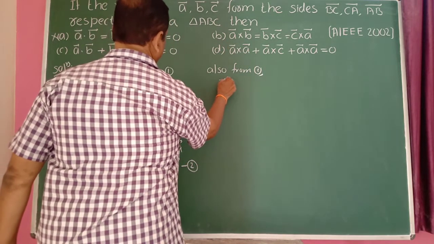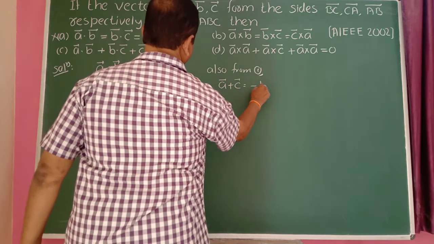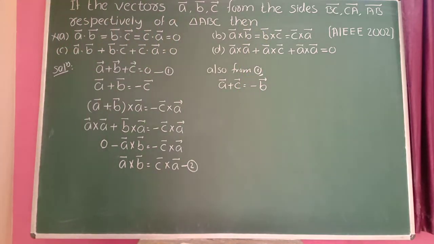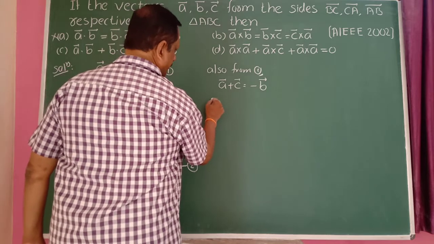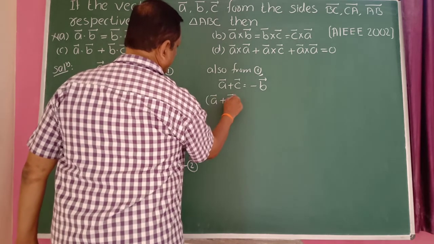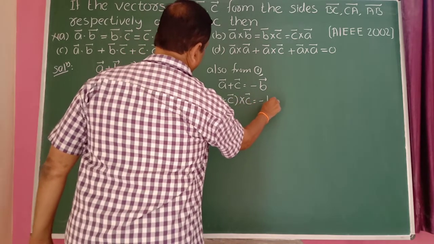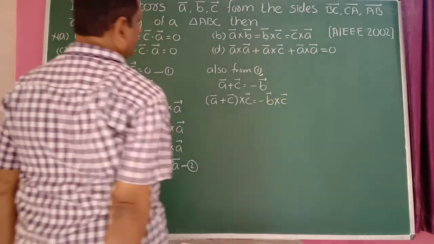So A bar plus C bar is equal to minus of B bar. Now take the cross product with C bar on both sides here. A bar plus C bar cross C bar is equal to minus of B bar cross C bar.